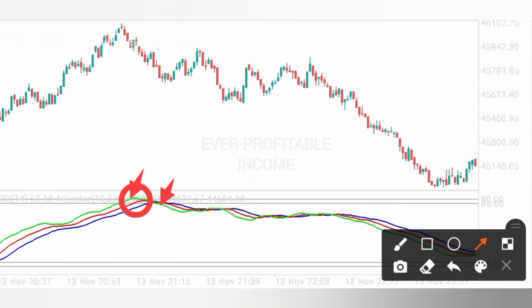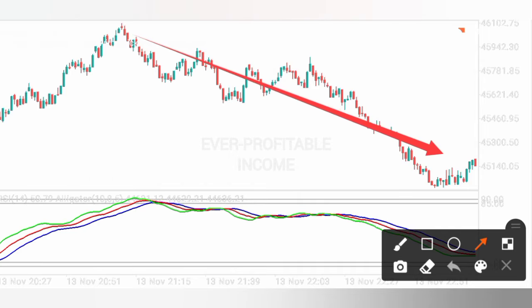Okay, so if it's a sell condition, it should occur at level 85 or in between level 90 and level 85. Can you see that? So what happened when those conditions were met was what? A crash down. Can you see that? So if you enter this trade right here, you are going to make massive profit, guys. This is volatility indices, and you know it's very volatile, and you make massive profit.